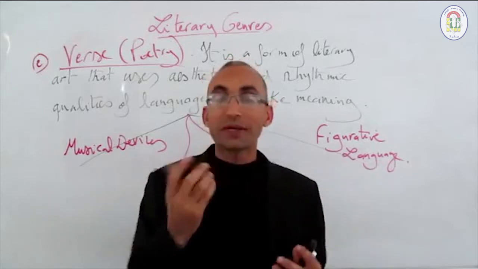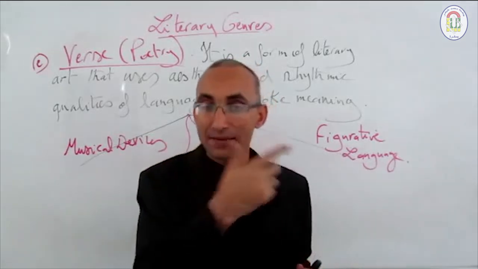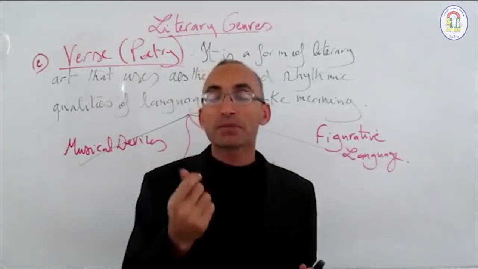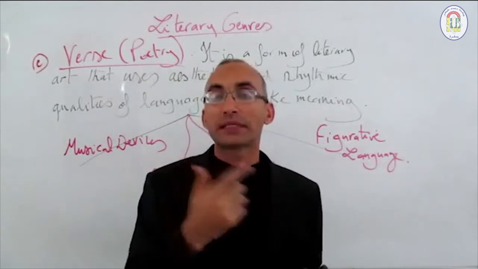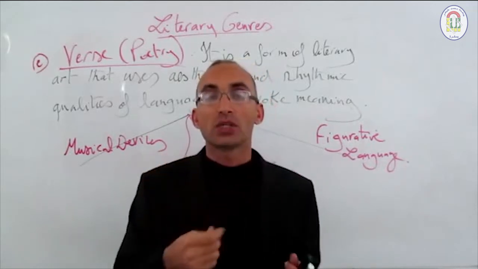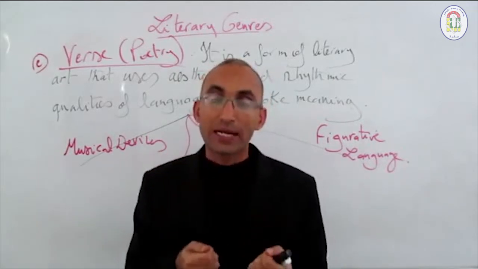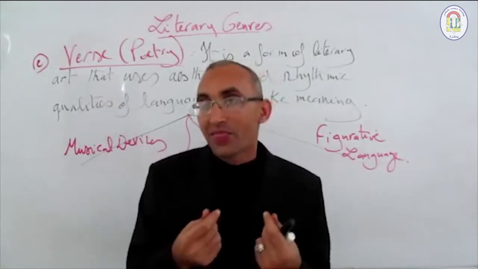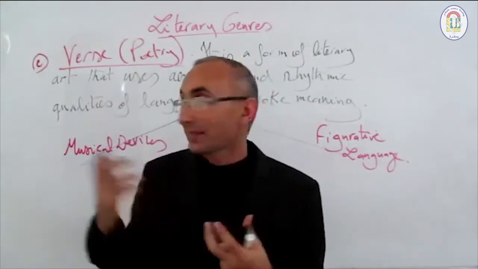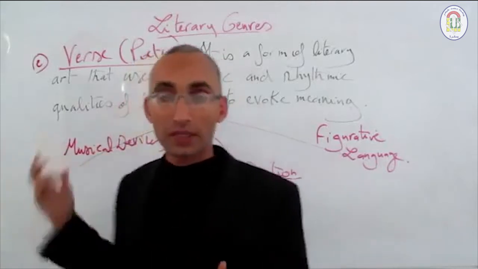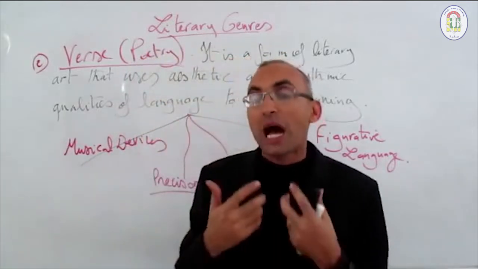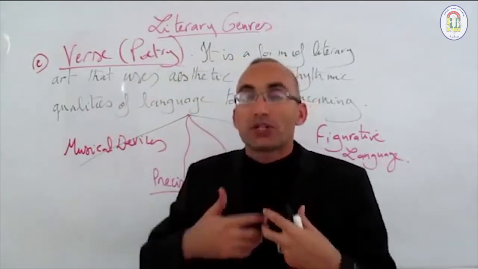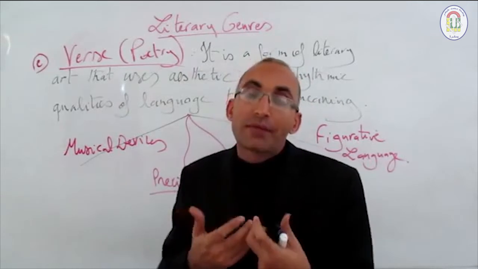Now, if you want to trace the origin of the word drama itself, drama comes from ancient Greek, meaning to act or to do. That's why we have that association with action. In this literary genre, we are not concerned only with expression in the form of writing.